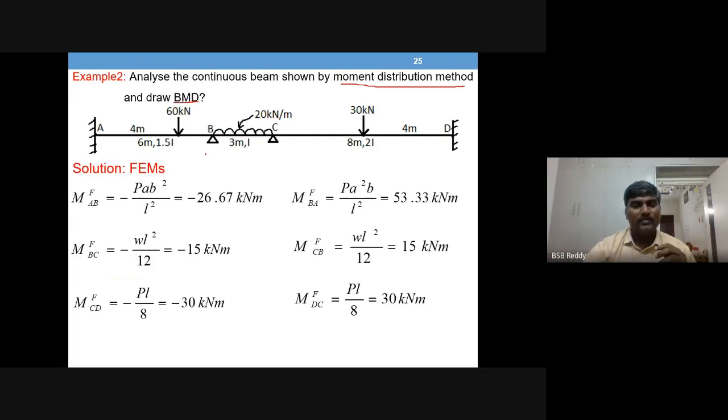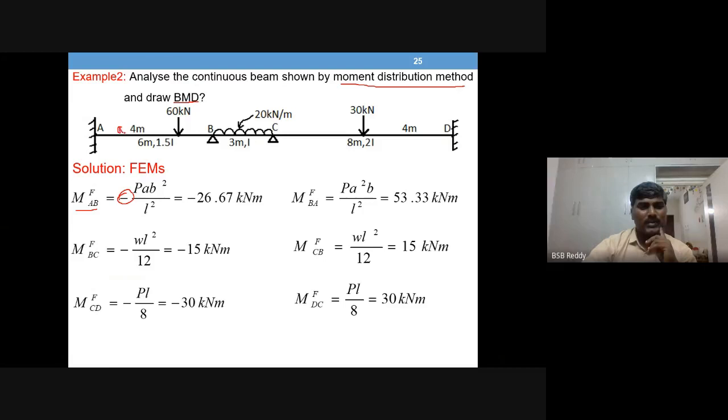Span AB, we have an eccentric point load where the fixed end moment at A, MFAB, will be: the left support will have an anti-clockwise moment. That's why it is minus here. You will see anti-clockwise moments are given a negative sign. So Pab square by L square.